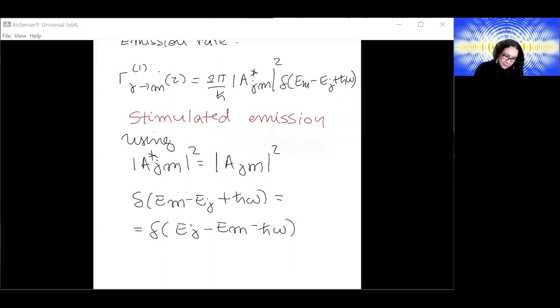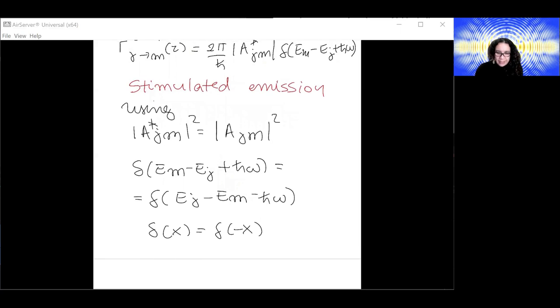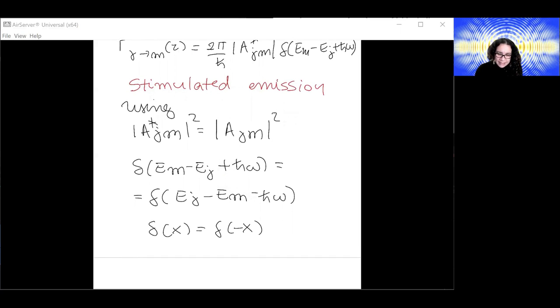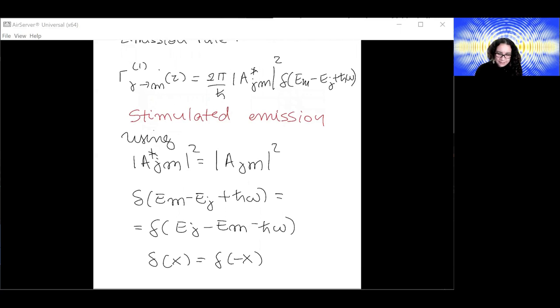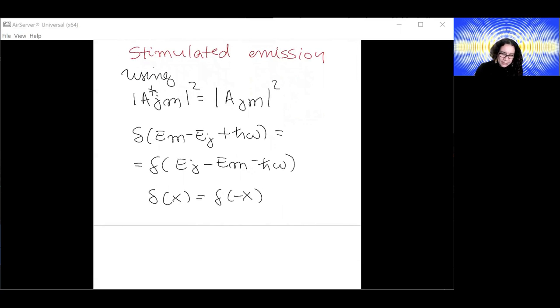Here we have just used that delta x is equal to delta minus x, which is a property of delta functions.